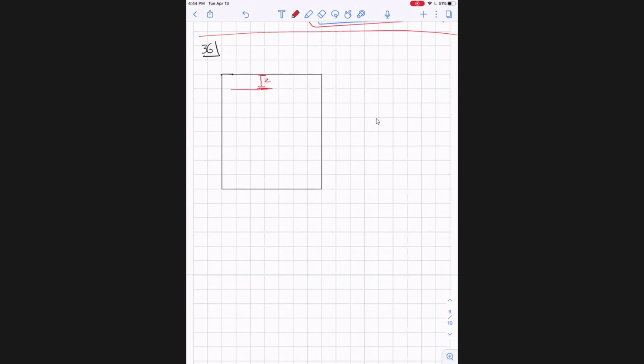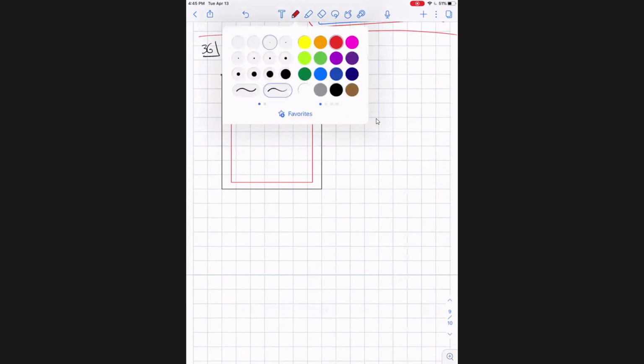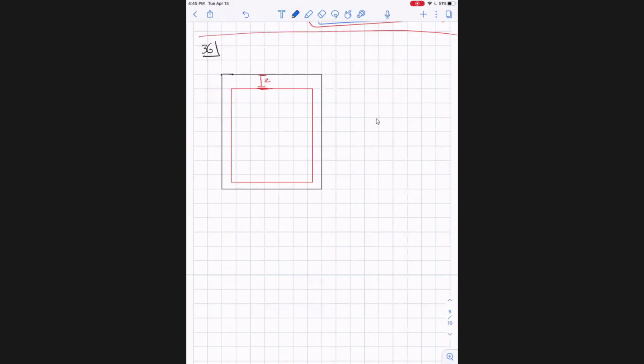And then on the sides and the bottom, you're only going to have 1 inch. So the red is the 2-inch margin. The blue here on the bottom, you're only going to do a 1-inch margin. And on the side, it's only 1 inch.